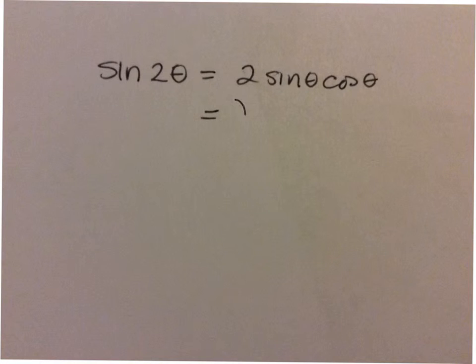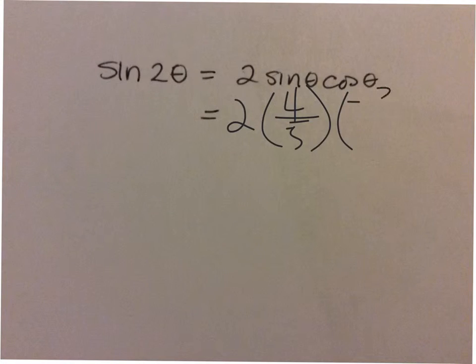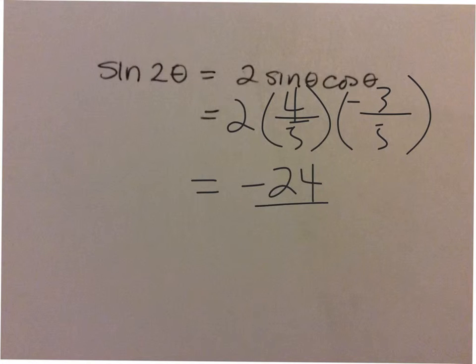We're just going to substitute: sine theta is 4/5 and cos theta is -3/5. So the final answer is -24/25 for sine 2 theta.